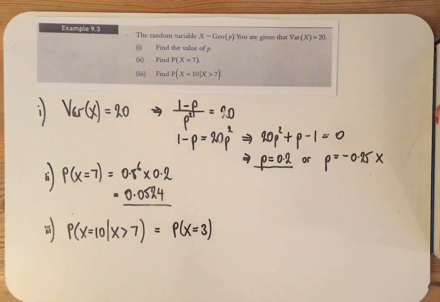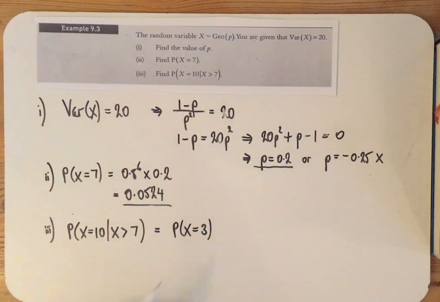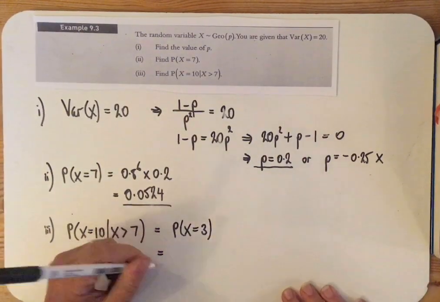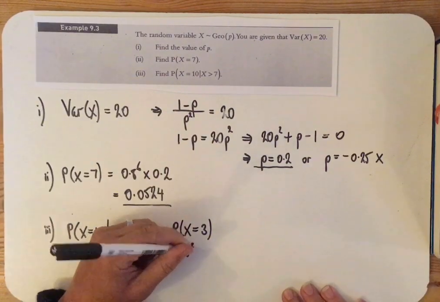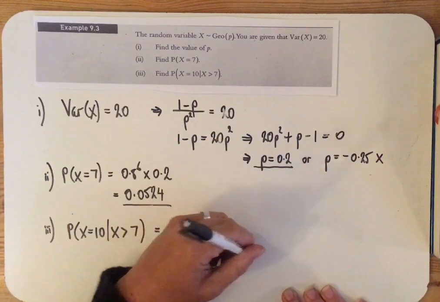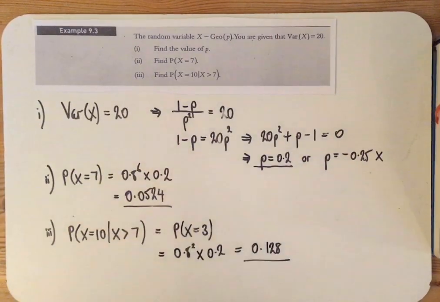So the fact that you've not got a success 7 times, the probability you get your first success on the 10th is the third one along after 7. So that's 0.8 squared times 0.2, which is 0.128.